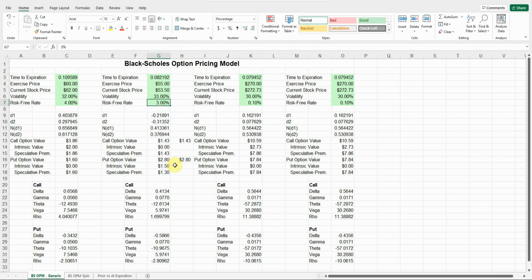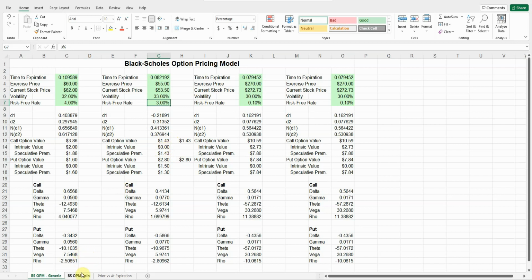If you think the stock is going to be more volatile, if you think volatility is probably going to be about 40%, then these options are too cheap and you want to buy the call or buy the put. If you think the volatility is going to be lower, maybe it's going to be 25%, then these options are too expensive and you want to sell the call and sell the put. So that's one way to play options, is to make predictions on volatility.